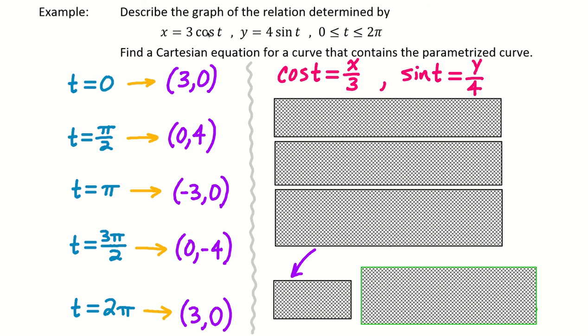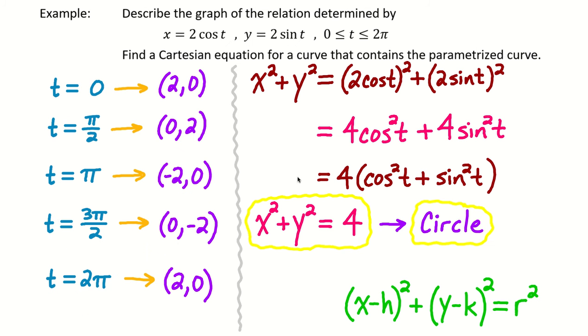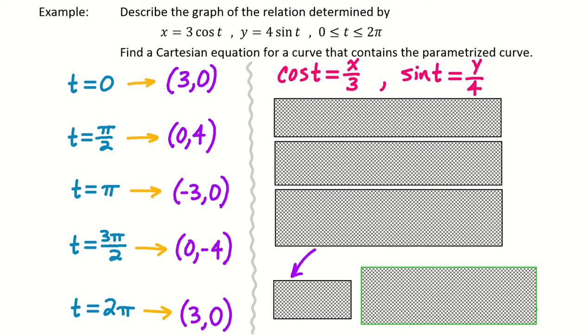So what we're going to do here is solve for the cosine. And I imagine we could have done this particular approach on the previous example. It's basically the same thing, the Pythagorean theorem or identity. So we're going to solve for cosine, and the other one we're going to solve for sine.